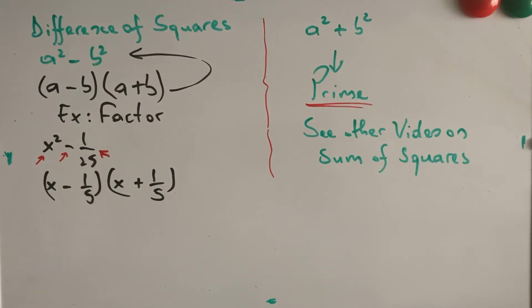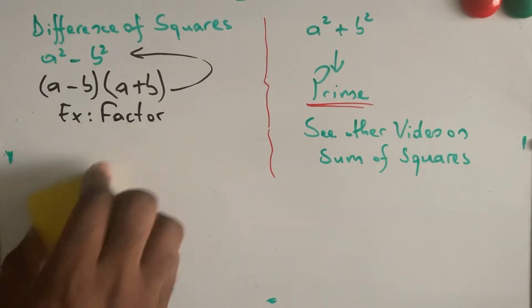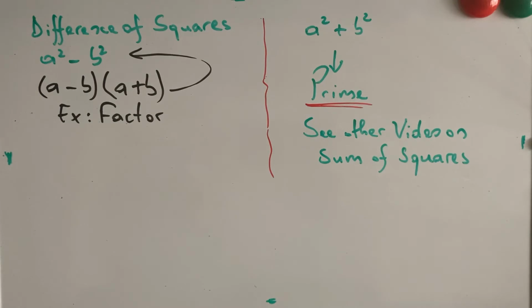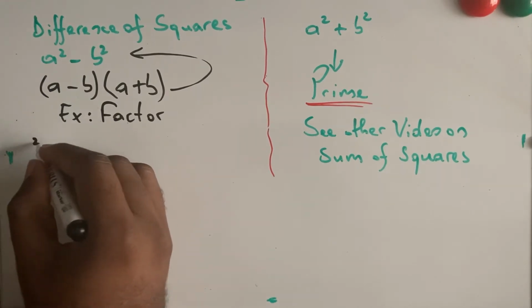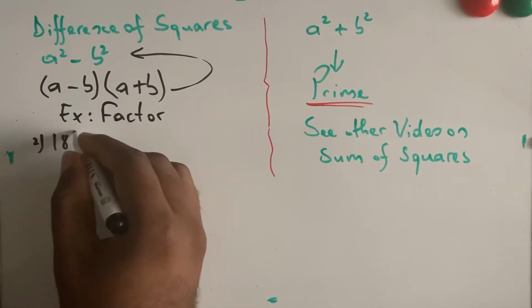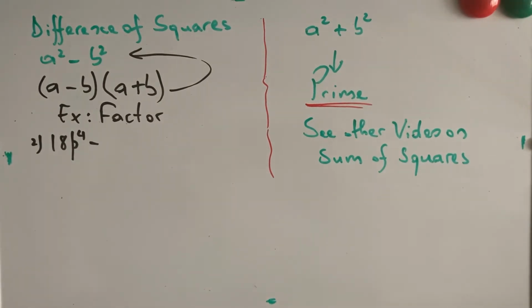Okay, let's try another one. I know this is very simple, but I wanted to make sure I cover it with you guys. Here's another one, number 2 here: 18p to the fourth minus 50t squared.